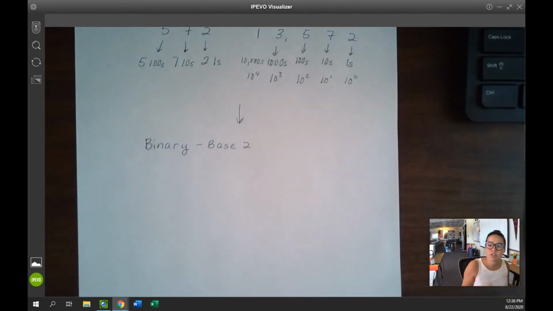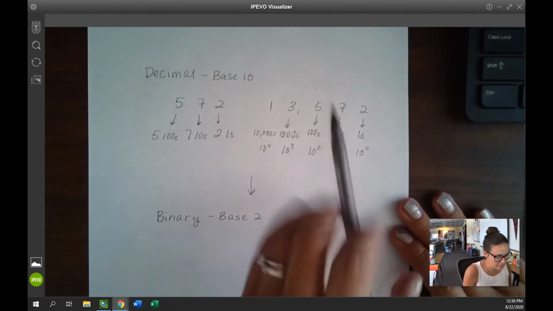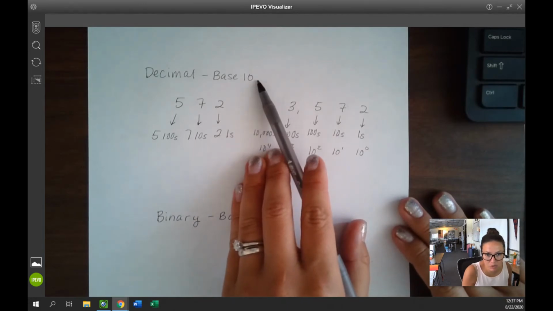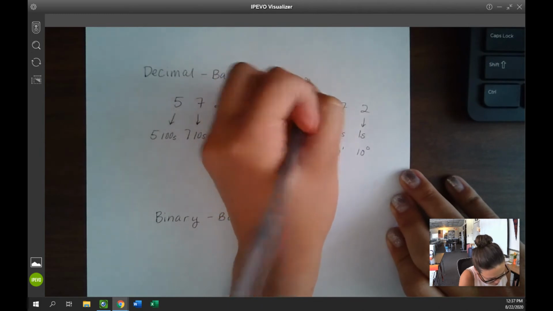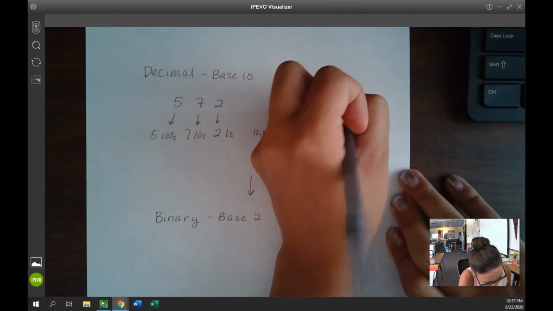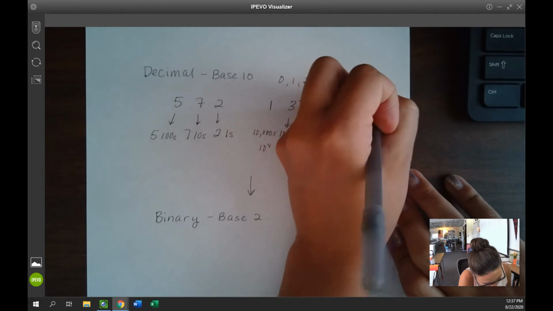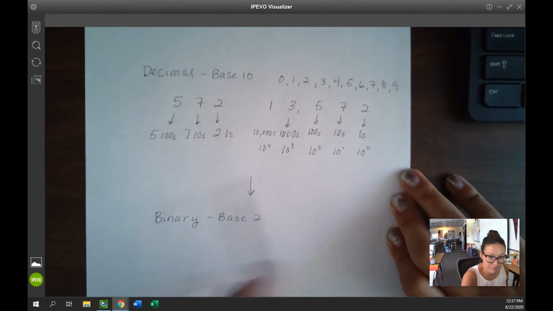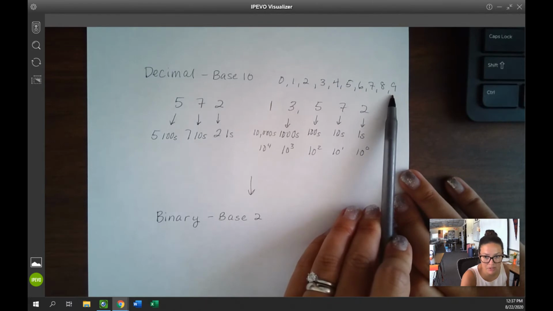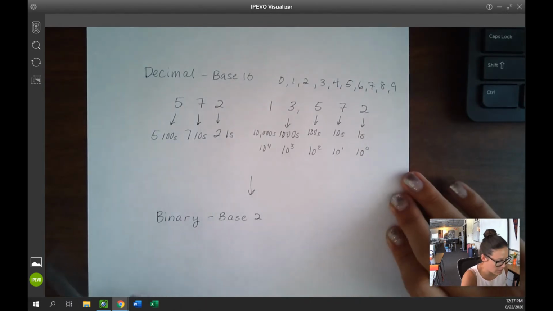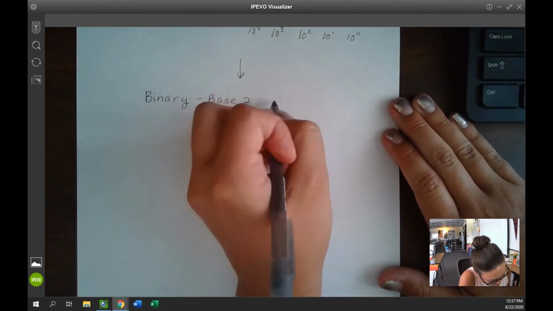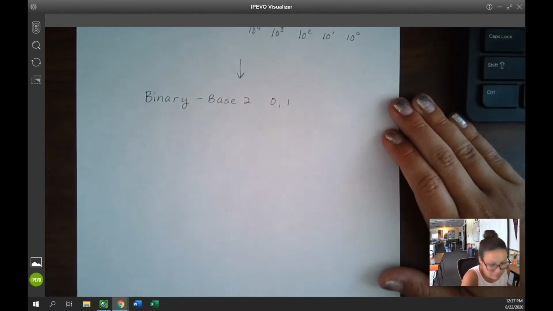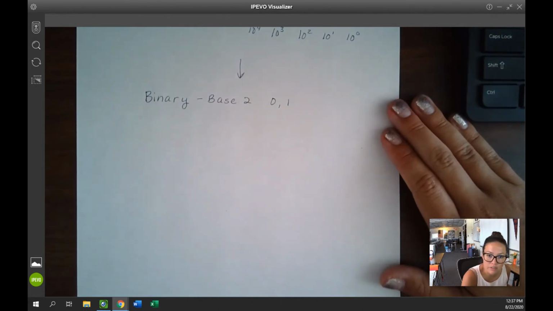In base 10, we have 10 different symbols that we use to write our numbers: 0, 1, 2, 3, and all the way up to 9. That's 10 different numbers that we can use for our different digits. In base 2, we're only going to use 2 different digits, a 0 or a 1.